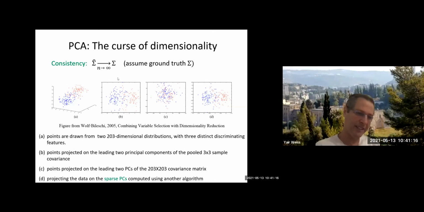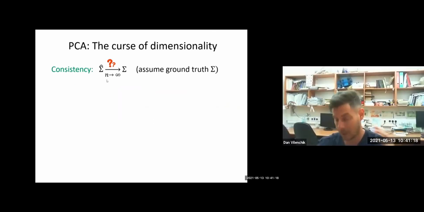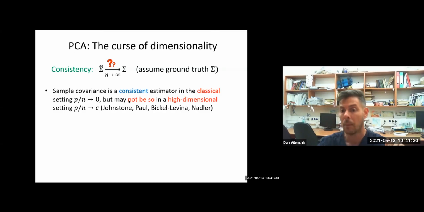Okay. So thanks for sharpening the point. I'm talking about the case where consistency solves the problem. If you could get a consistent estimate of sigma, then you're good. This is the case in classical statistics, when the number of features is much smaller than the number of samples.